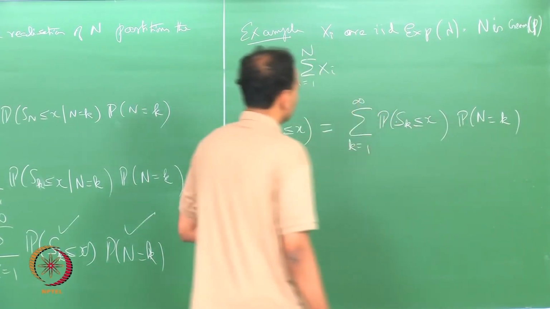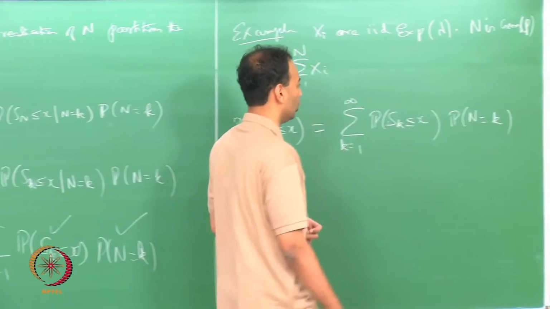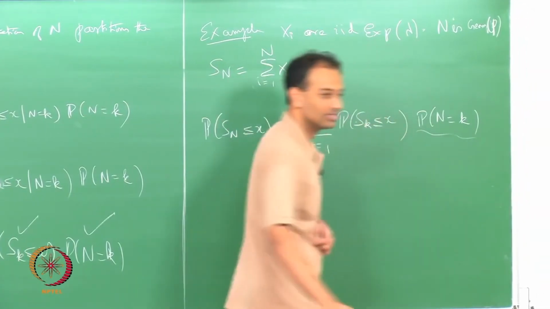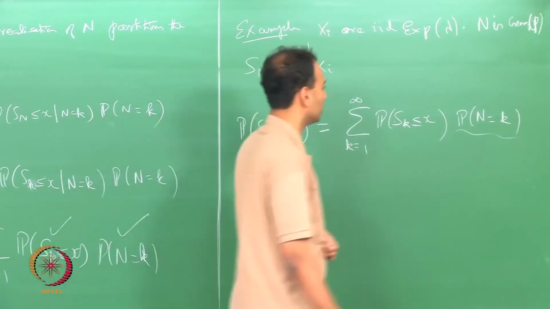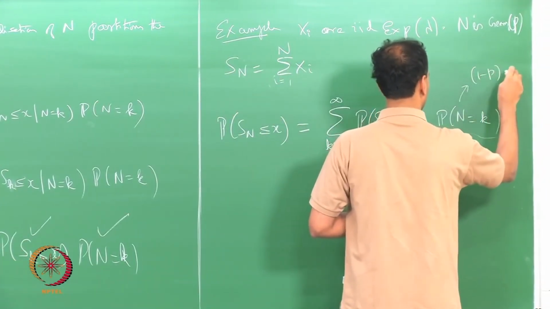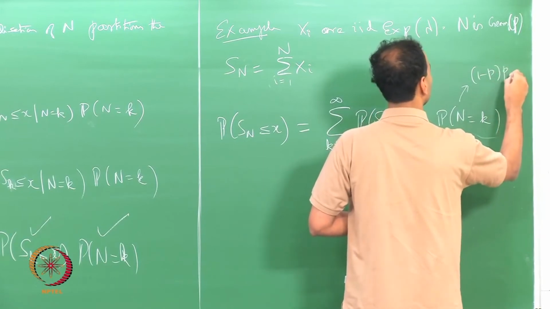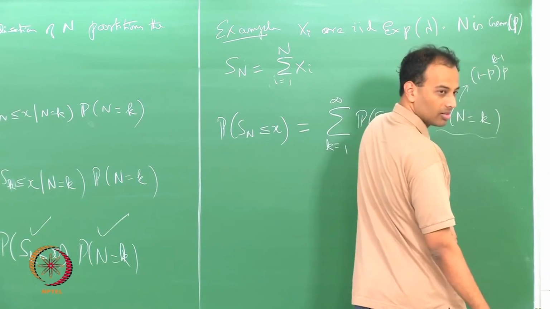Now, this second factor we know. This is simply 1 minus p to the k minus 1 times p, right.